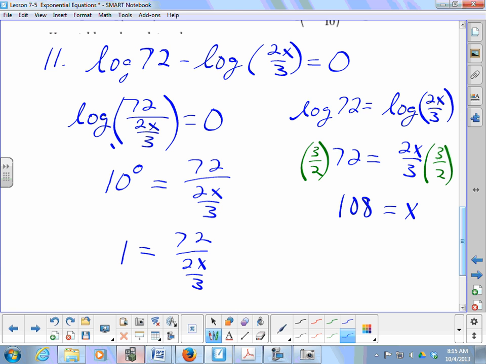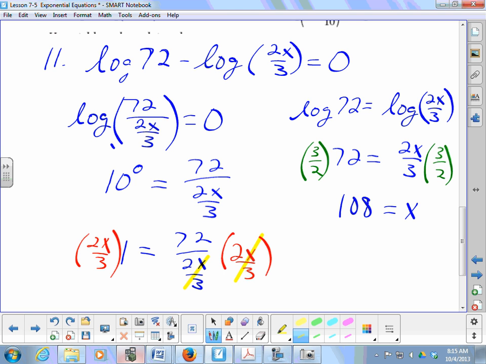I have a couple different options. Well, here's my favorite option. I want to get this out of the denominator, so I can just multiply by what's down there.